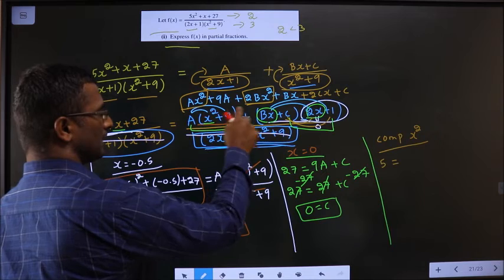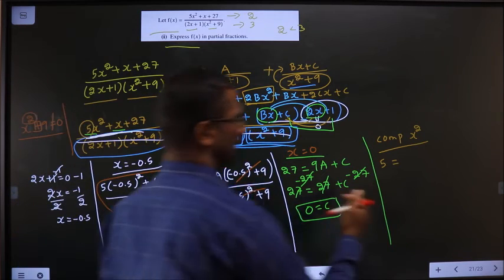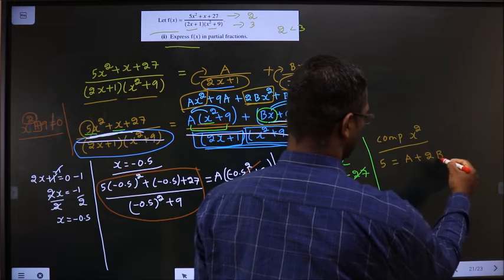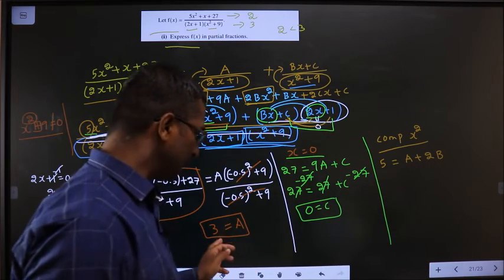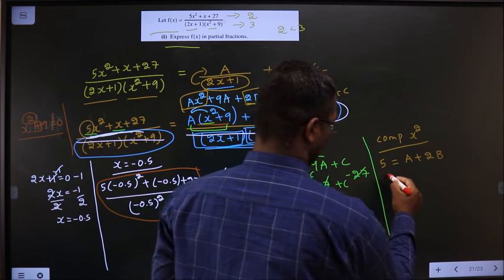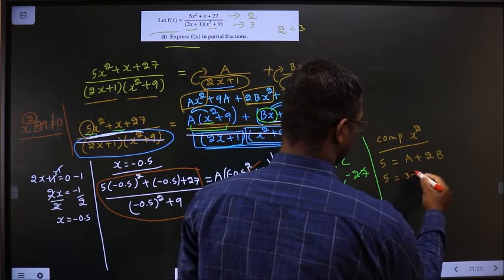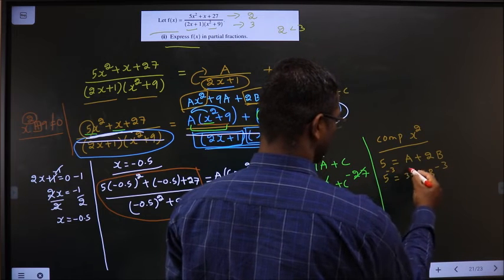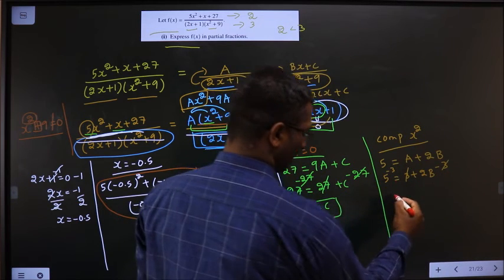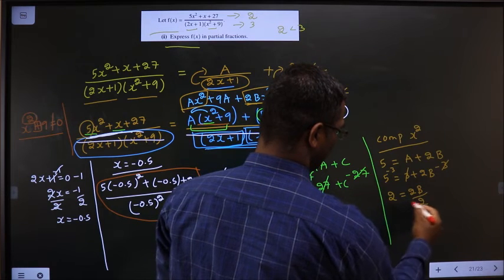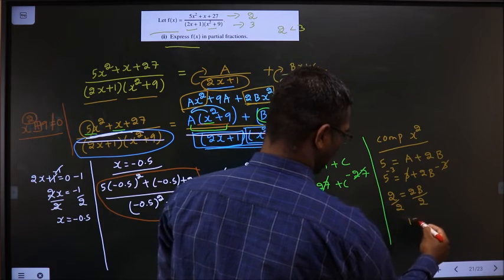So here coefficient is a and here it is 2b. So this is a plus 2b. Value of a is 3. I will replace it there. So 5 equal to 3 plus 2b. Now subtract 3 on both sides. So 2 equal to 2b. Now divide by 2. So 1 equal to b.